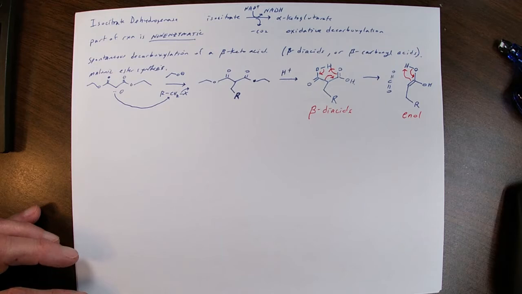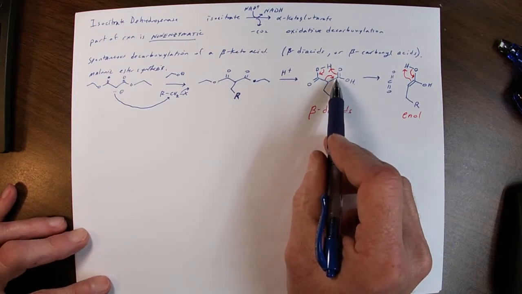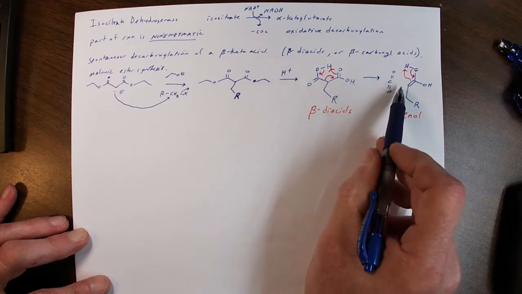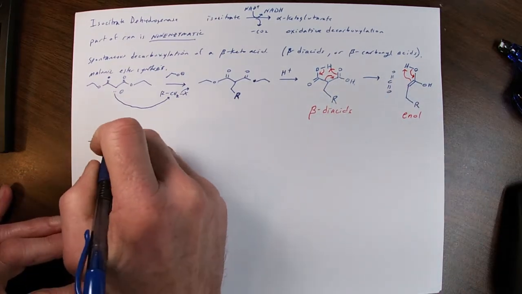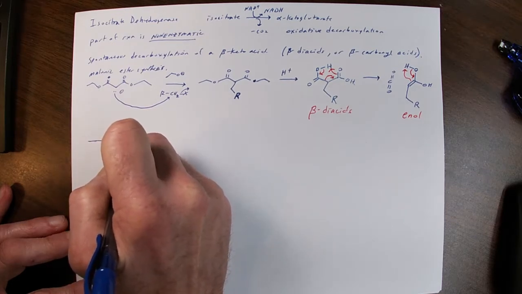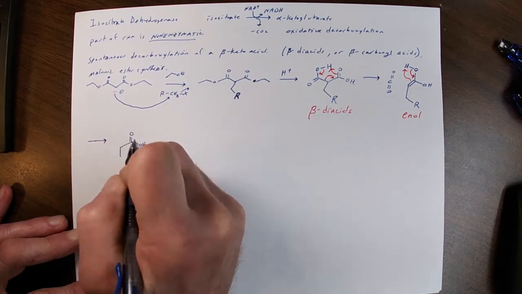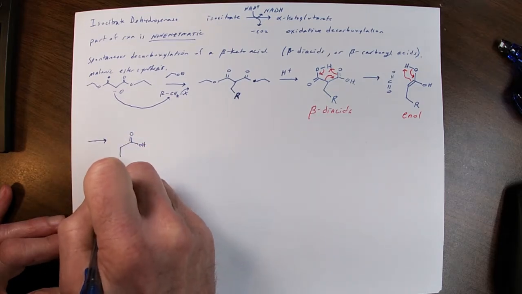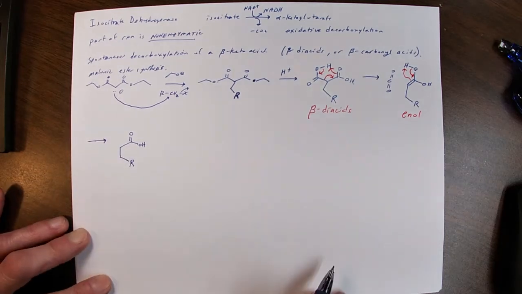Okay, and so now it has again lost carbon dioxide, and now I'll have as my product there's my acid. Okay, here is my alkyl group that I have added.